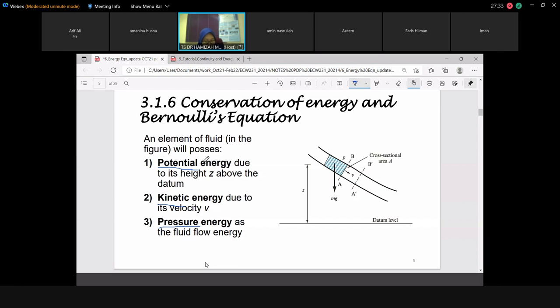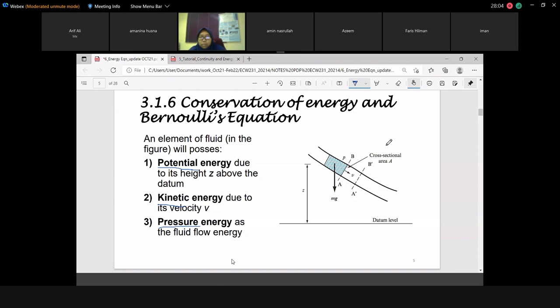Okay, bila start moving je mesti ada kinetic energy. Pressure energy happen bila ada perubahan ketinggian, elevation. What is potential energy? Anyone?